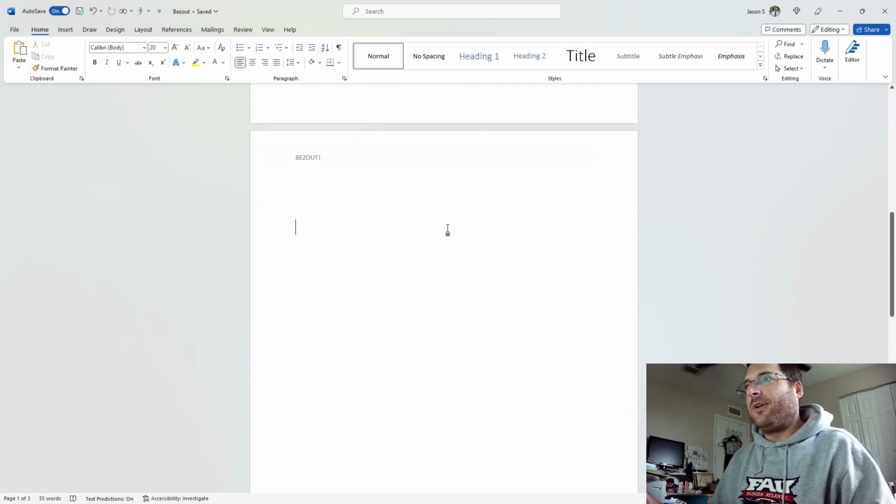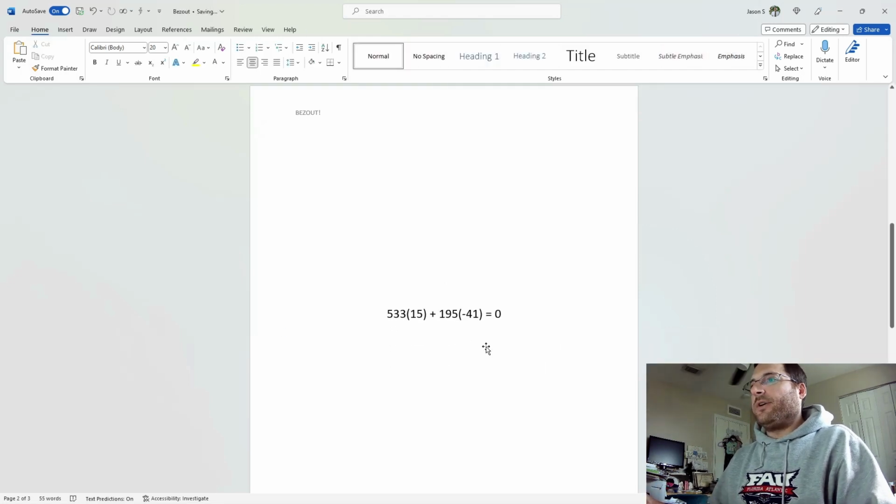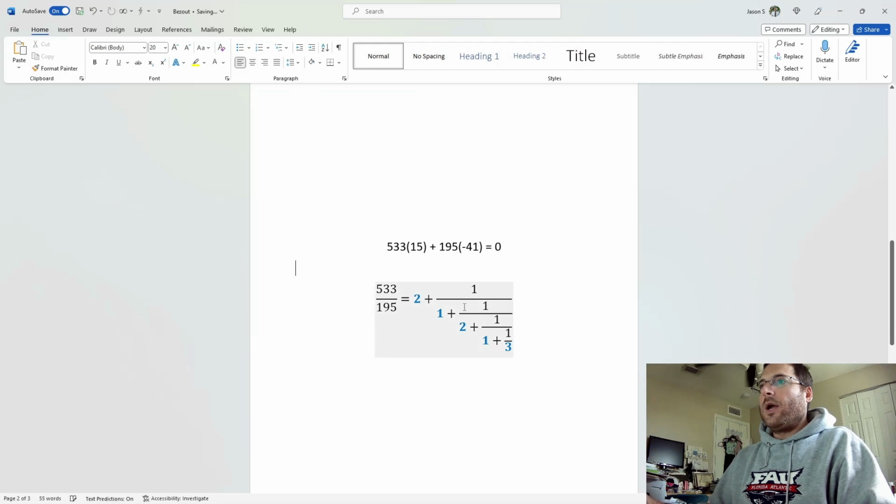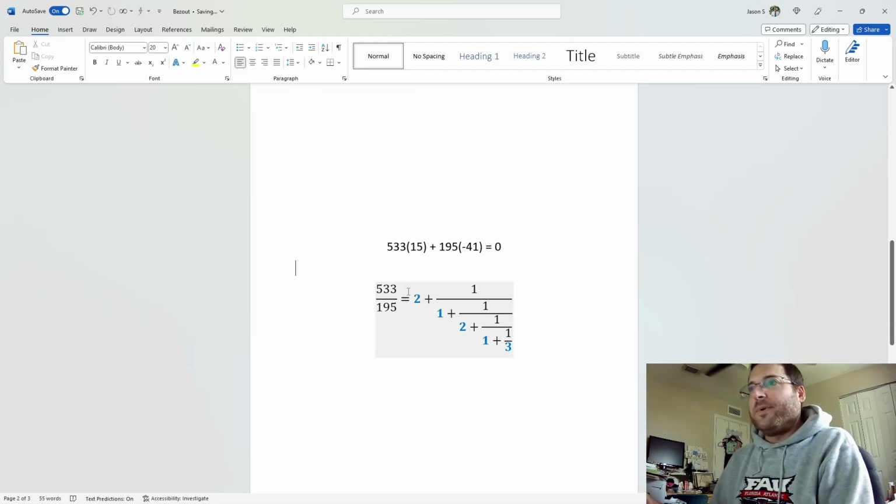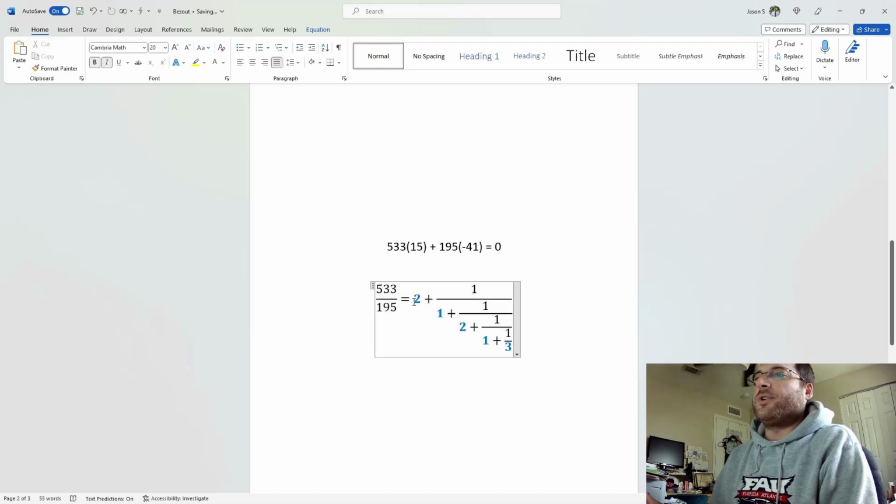Okay, I know that was a little fast, but I'll show you. There's your solution again, and there's your continued fraction. This is what this means. So 533 divided by 195 is equal to, and here are your quotients, 2 plus 1 over 1 plus 1 over 2 plus 1 over 1 plus 1 over 3.